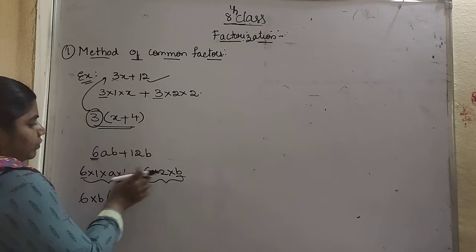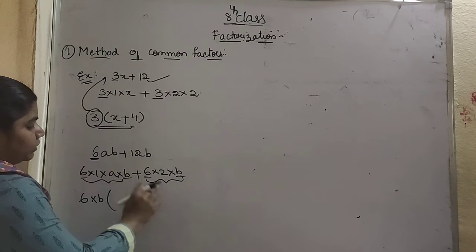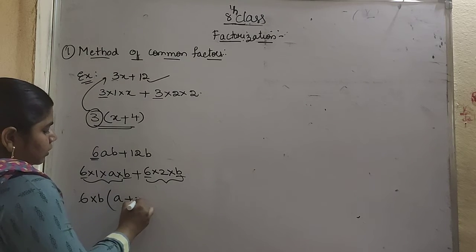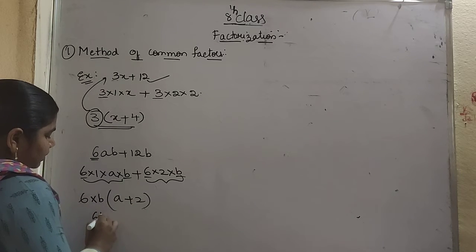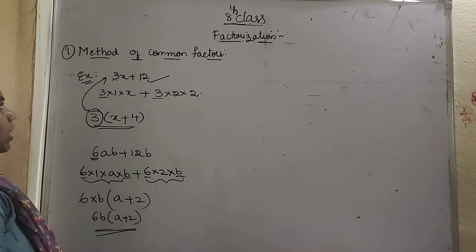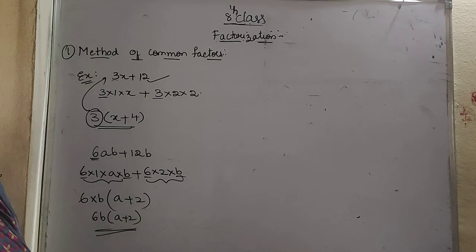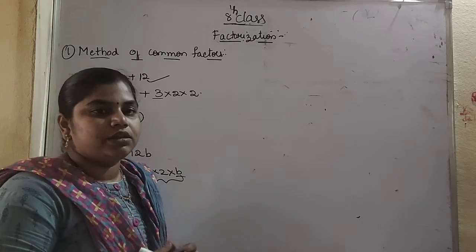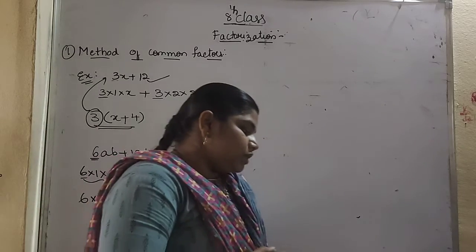The remaining terms which are not common we adjust in the bracket: 1 into a will be a, plus 2. So 6 into b is 6b into (a plus 2). This is the factorization by the method of common factors. In this way we take out the common factors outside, and the remaining terms we write in the brackets. So this is the first method.